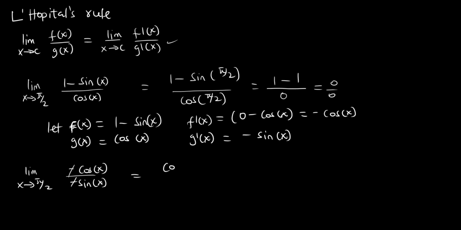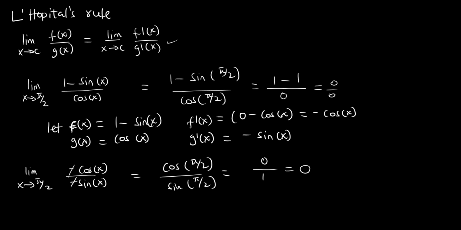So I'm going to have cosine of pi on 2 divided by sine of pi on 2. Cosine of pi on 2 gives us 0, and sine of pi on 2 will give us 1. So I'm going to have 0 over 1, and this will be 0. So therefore, the limit of the function will be 0.